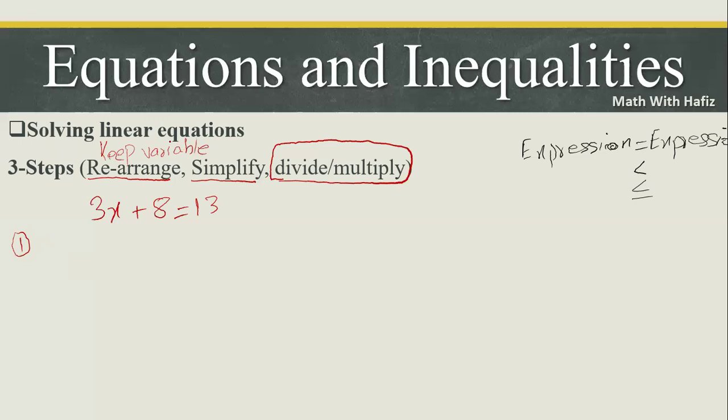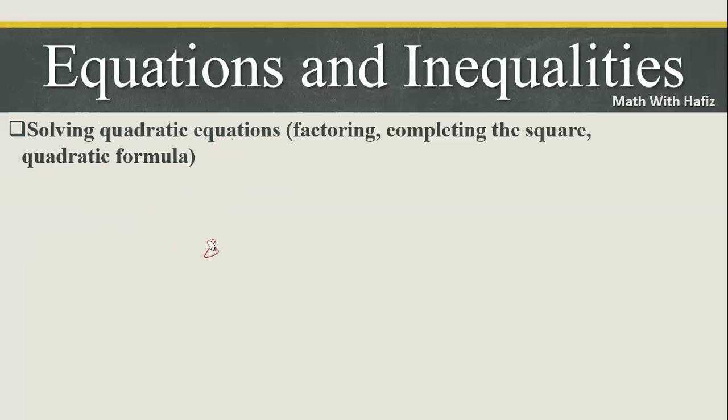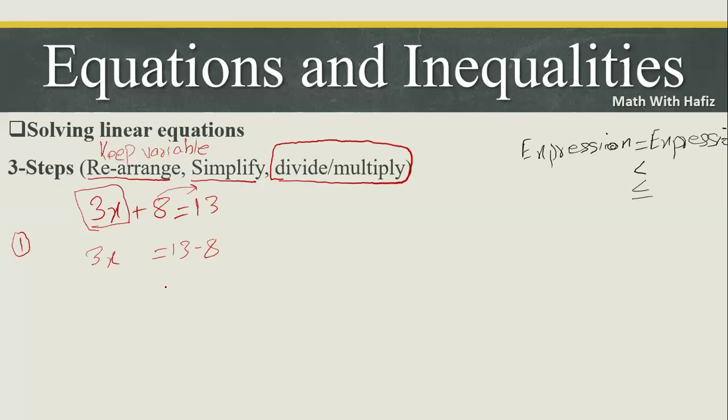All the terms which have a variable, you will keep them on one side. In this question, we just have one term, which is 3x. So you will keep it on this side, and whatever you have in the rest of it, you will move to the other side. So it will be 13 minus 8, which is 5.